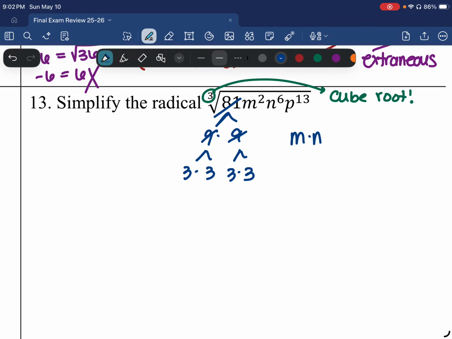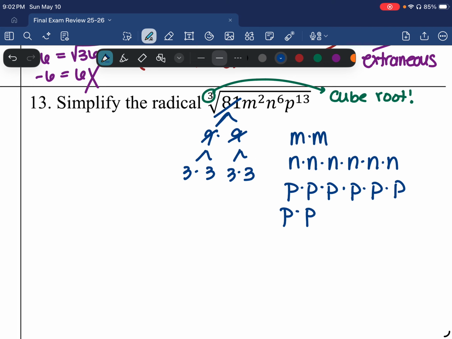M squared means there's 2 m's multiplied together. We've got 6 n's, and then 13 p's. Okay, now that everything's broken down, we want to group them up by 3 of the same.